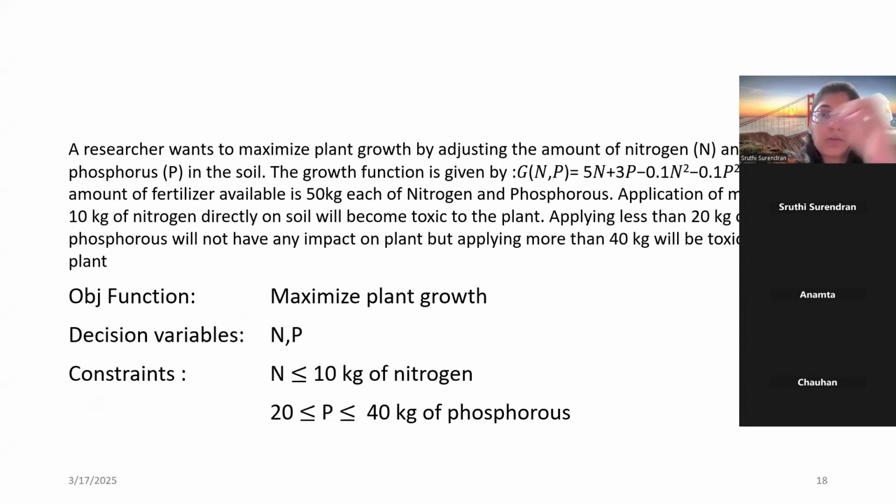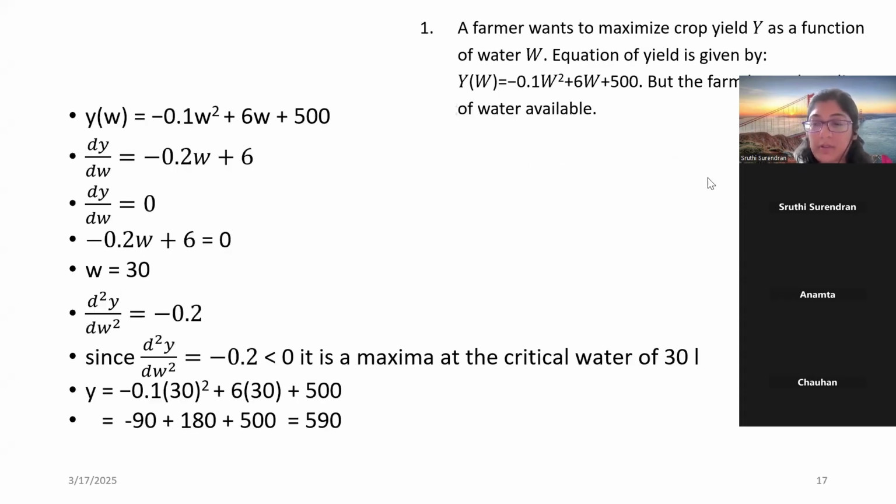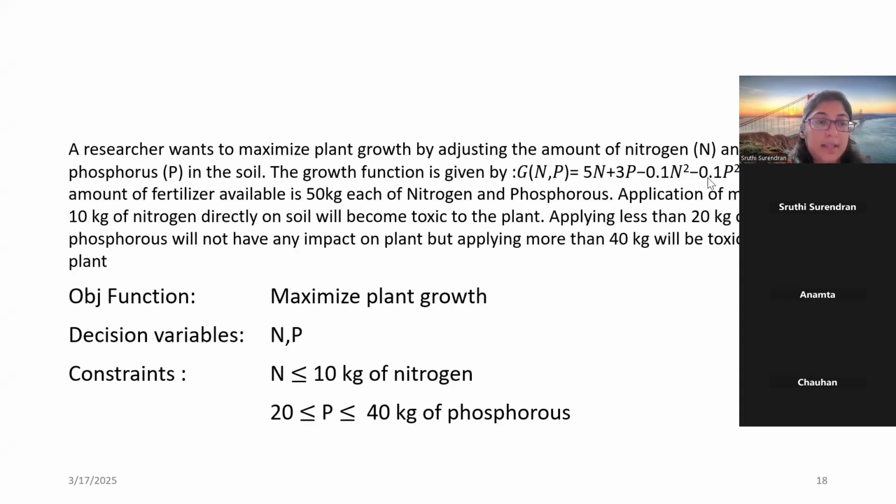Okay, now let's try to do it for this problem. Now, if you see this problem, we have a more complex equation. This is the equation over here. So we have two variables. So the amount of time we will take to solve this equation, because we have two variables, is going to be more.